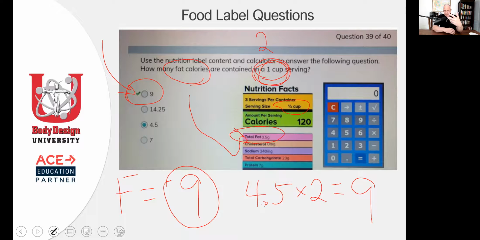Do you get the idea? And now all you're doing is answering their question. They want to know 1 cup serving. It's got to be double. Whatever that number is in the half cup, you've got to double it. So it's basically 1 gram of fat you'd find in 1 cup serving in this case. We already know 1 gram of fat is 9 kilocalories. So I hope that makes sense.